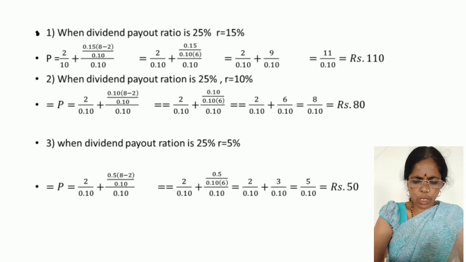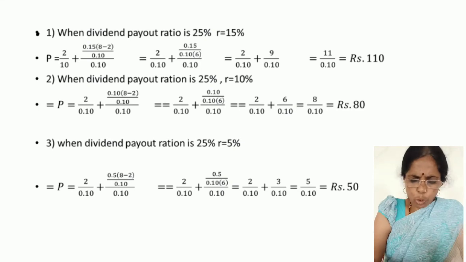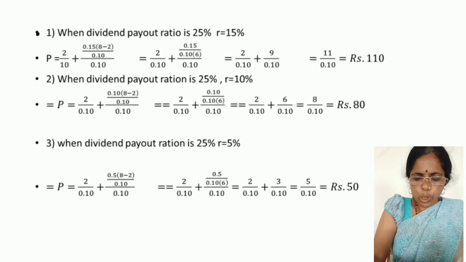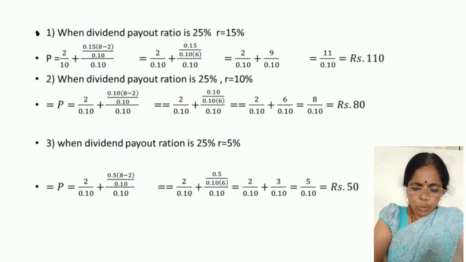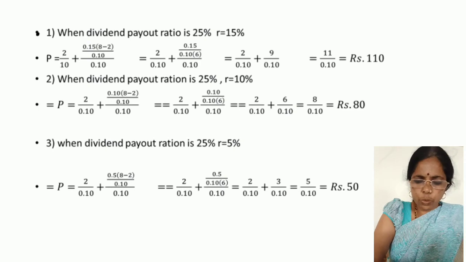Which gives us 2 divided by 0.10 plus 0.15 into 6 divided by 0.10, which is equal to 2 divided by 0.10 plus 9 divided by 0.10, is equal to 11 divided by 0.10, is equal to rupees 110. This is when the payout ratio is 25% and the internal rate of return is 15%.